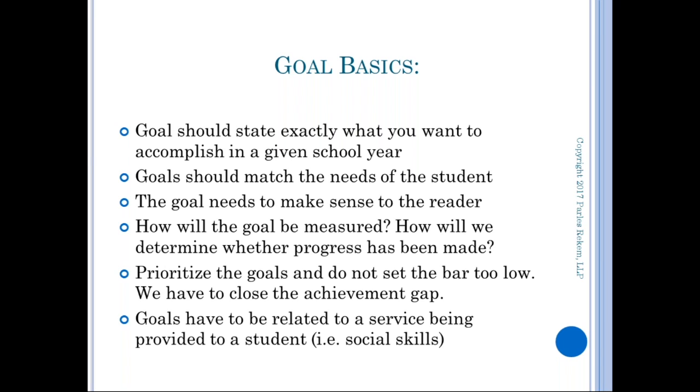If you as the reader don't understand the goal, or it's not making any sense, then it doesn't pass what we call the stranger test. If you gave the goal to your spouse or your friend, would they understand it? We need to understand what the goal means, and it has to make sense.